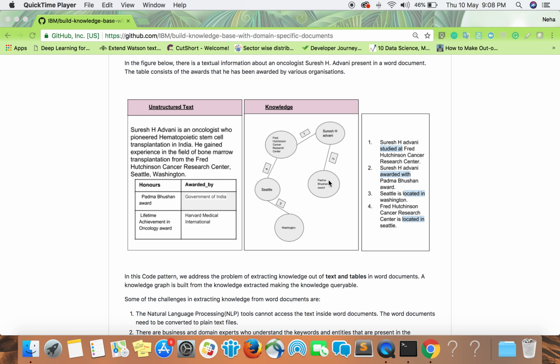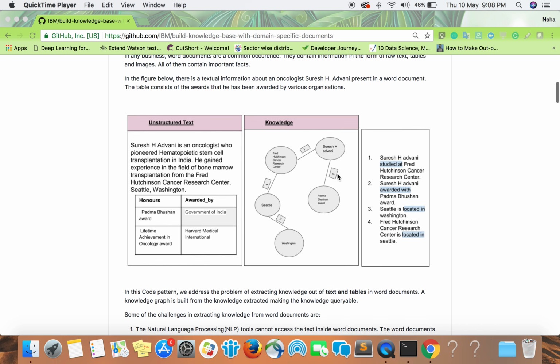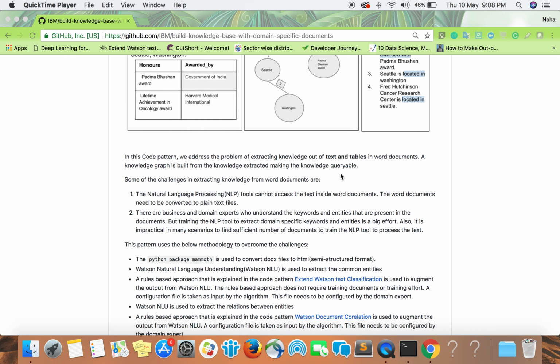So in this code pattern, we address the problem of extracting knowledge out of raw text that is available in the documents, and also the information present in the tables in the Word documents. The major two challenges in processing the unstructured information is that NLP tools, the natural language processing tools, cannot assess the text inside the Word documents which is present in the form of tables.